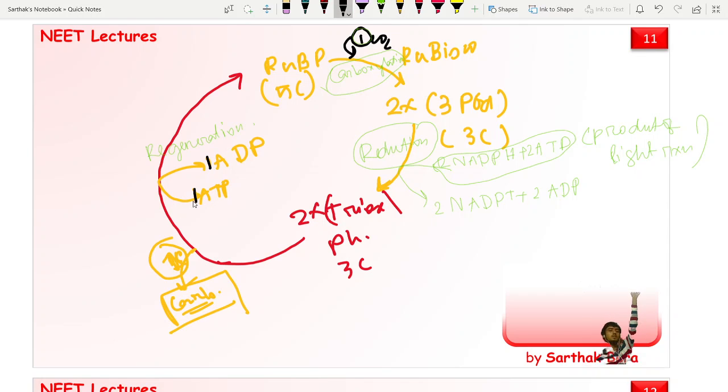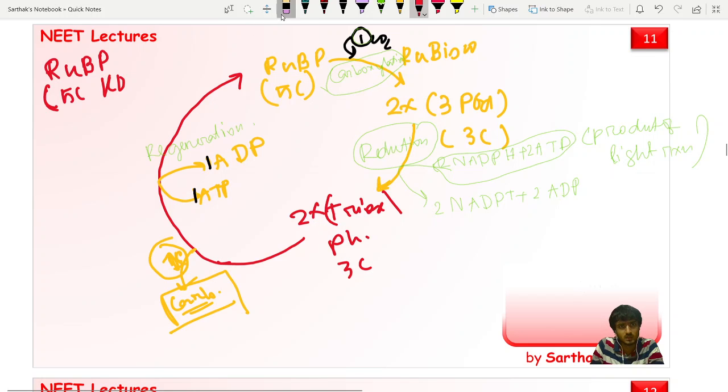This is very clear. So let's summarize. How many ATP are used? An important thing I forgot to tell you is that RuBP is a 5 carbon ketose sugar.